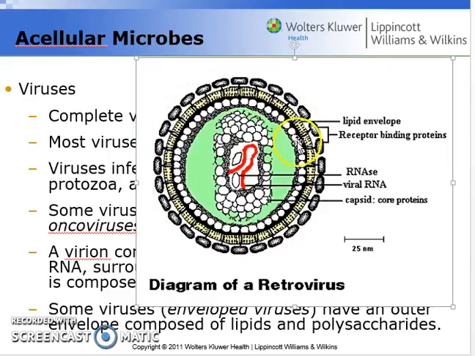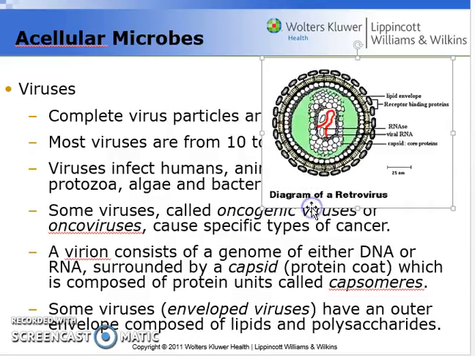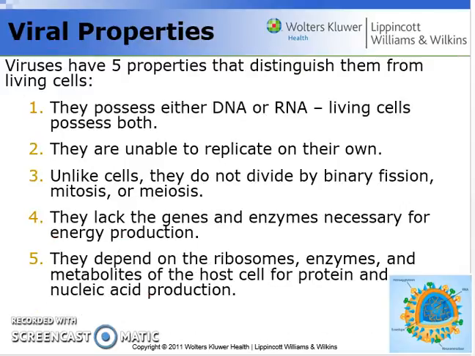These binding proteins are used as points of attachment or anchors that allow this virus to adhere to a host cell, and then once it adheres to the host cell, it can inject this genetic material down into the cell. It does that by peeling away this outer envelope, kind of peeling apart the capsid to release the genetic material. We'll talk more about that in a little bit.